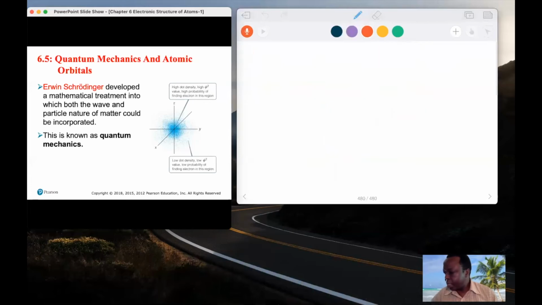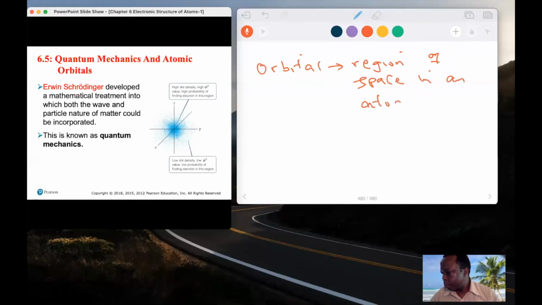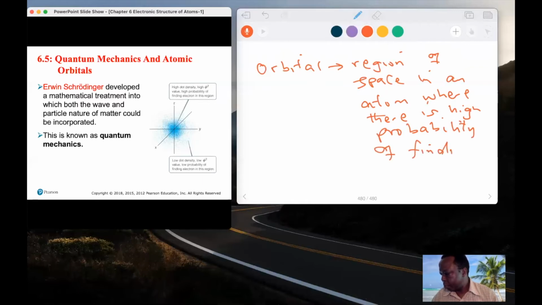Let me define this. Orbital: a region in an atom where there is high probability of finding an electron.